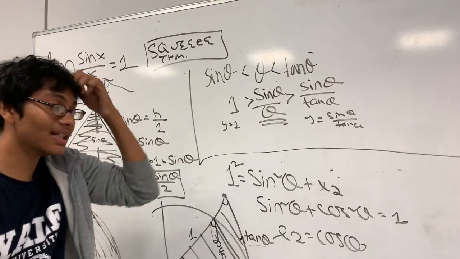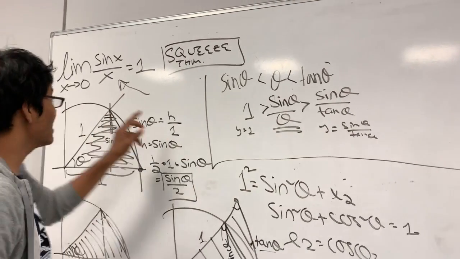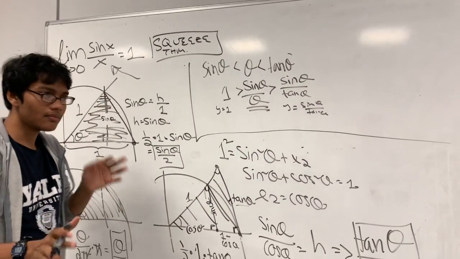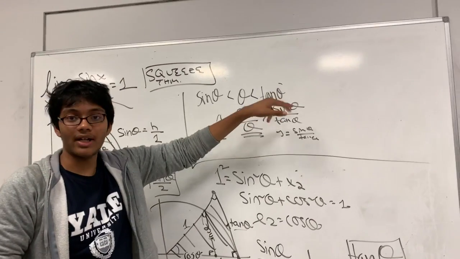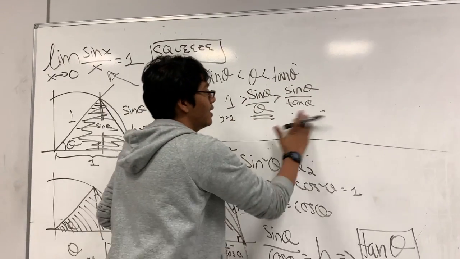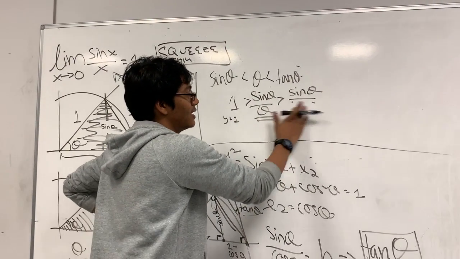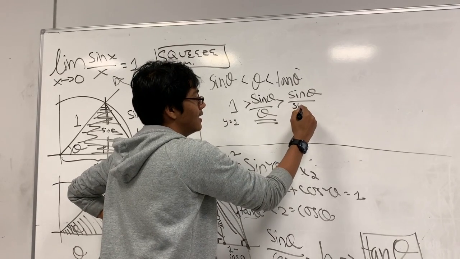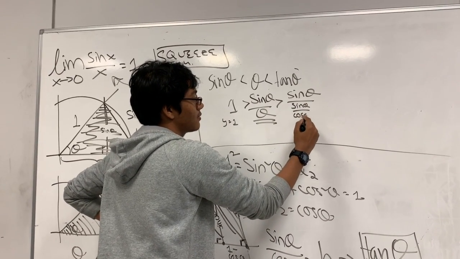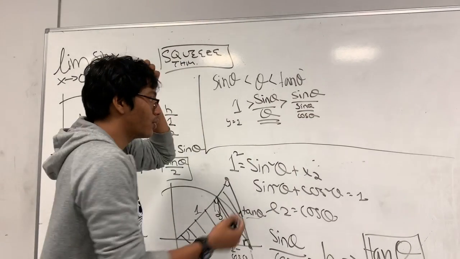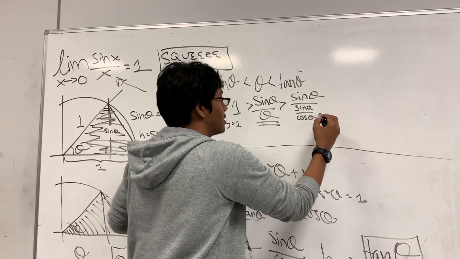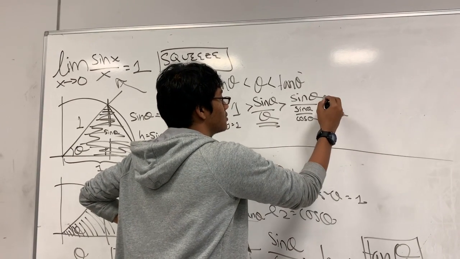Now we just have to find the limit of these functions as x approaches 0. But before I do that, let me just simplify this right-hand side over here. If you notice, tangent theta is simply sine over cosine, right? If we simplify this, what will we get? Well, multiply top and bottom by cosine.